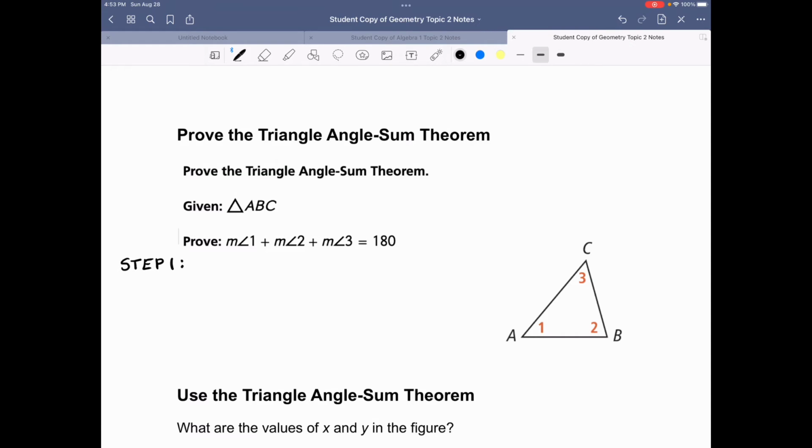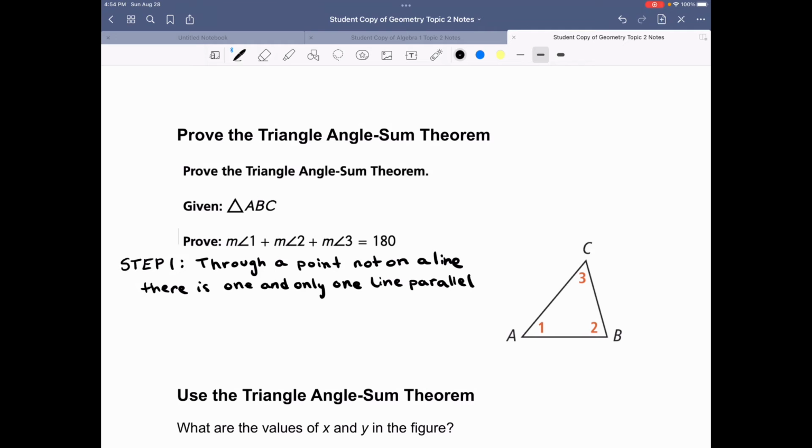Through a point not on a line, there is one and only one line parallel to the given line.